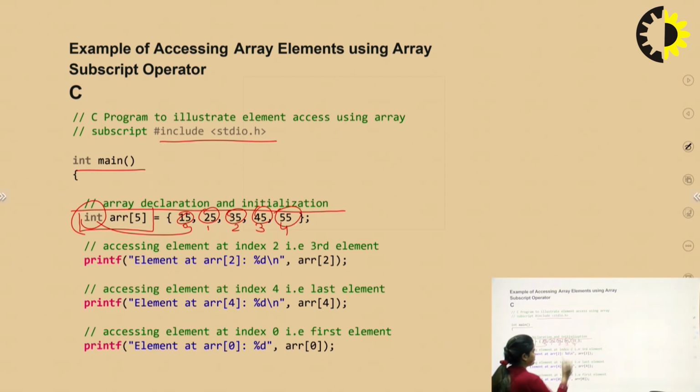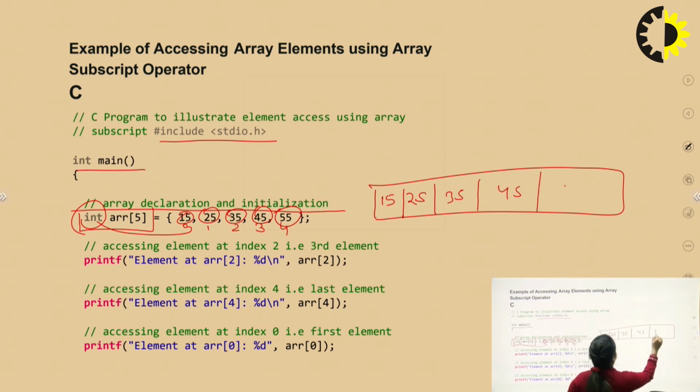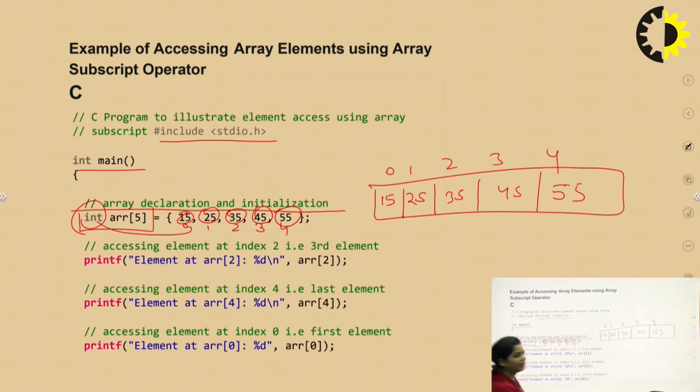So how will the array form? In this way the array will form, let's say 15, 25, 35, 45 and 55, with indexes 0, 1, 2, 3, 4. In this way the array will take place in a structure and the elements will be entered.